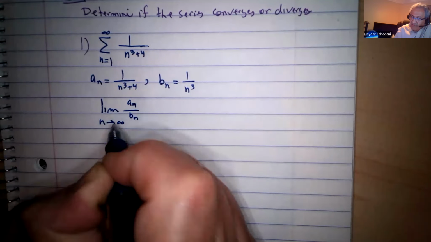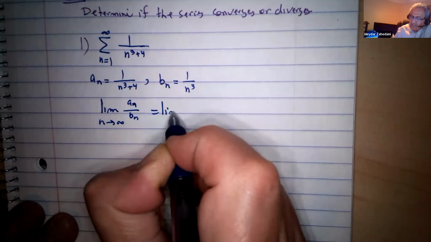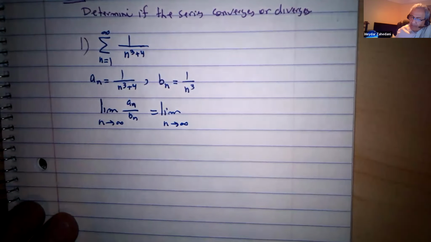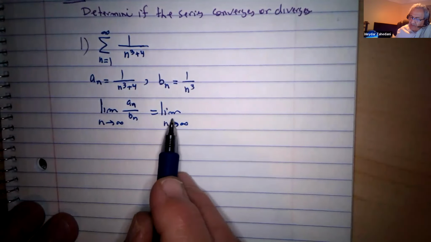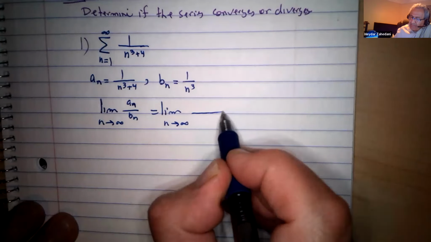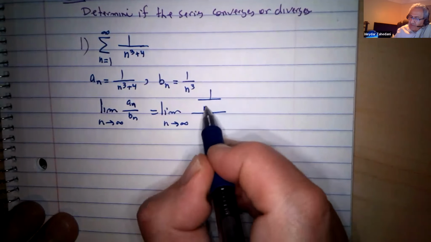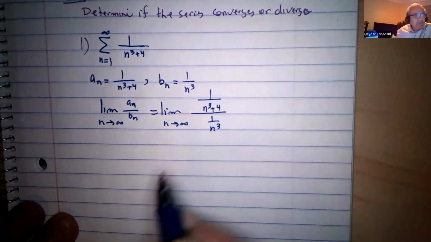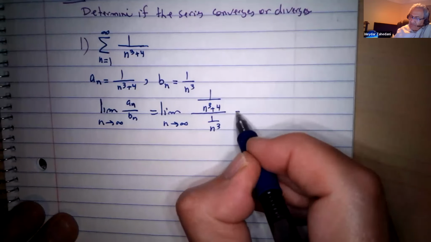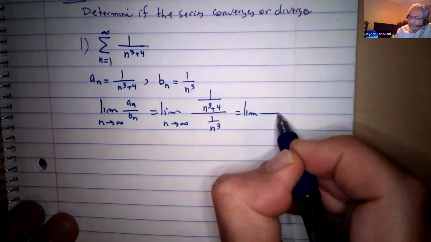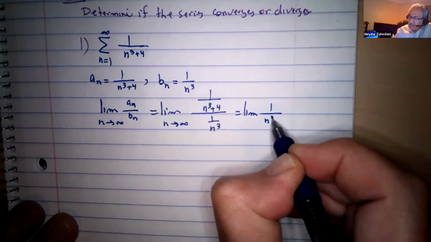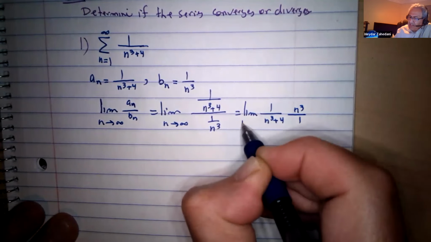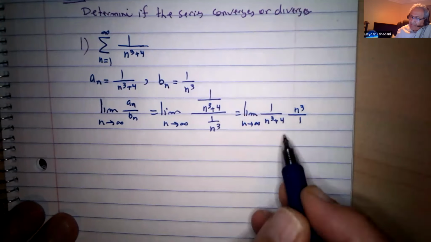When n goes to infinity, what would it be? The top would be 1 over n cubed plus 4, the bottom one would be 1 over n cubed. You write the first one multiplied by the reciprocal of the other one: 1 over n cubed plus 4 times n cubed over 1, n goes to infinity.